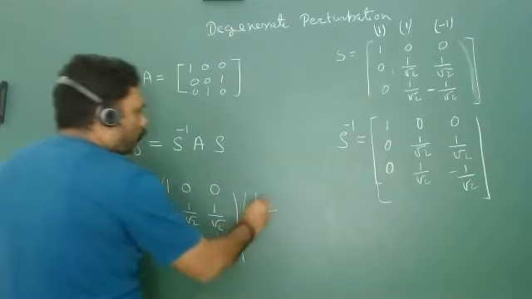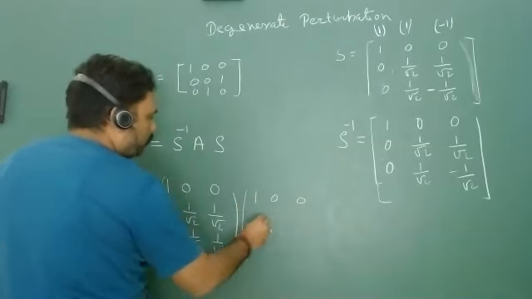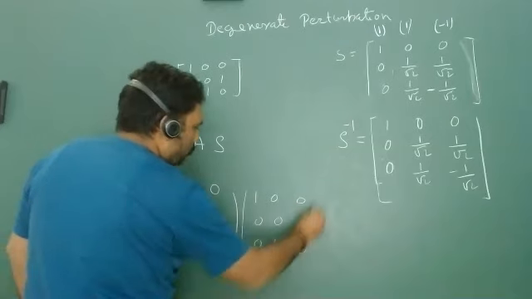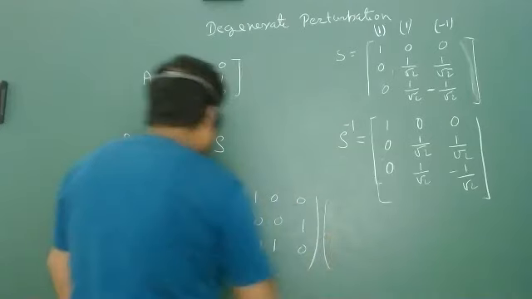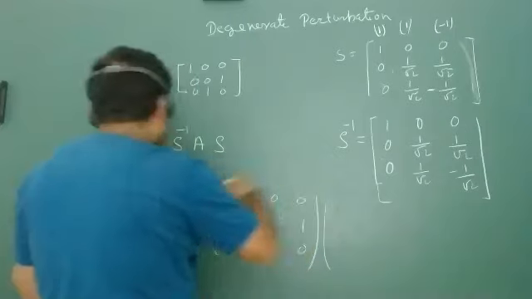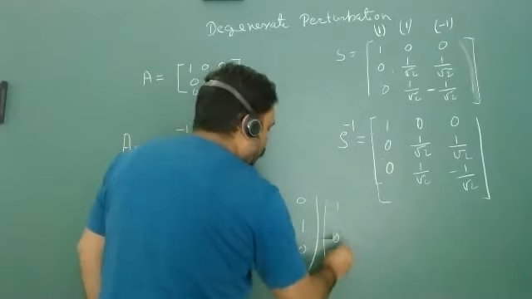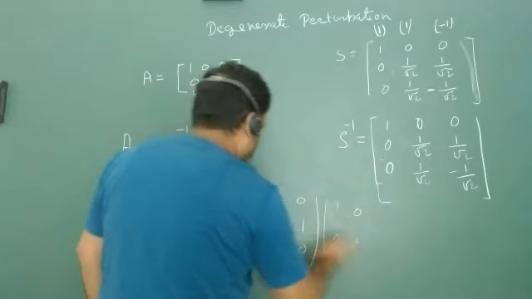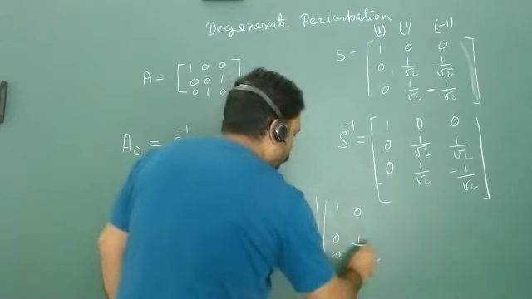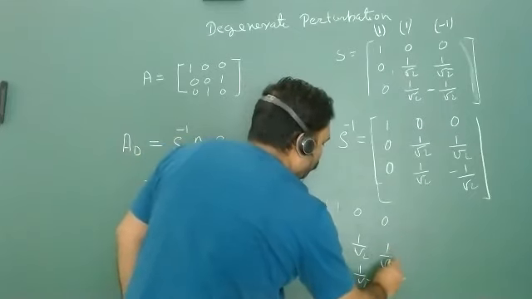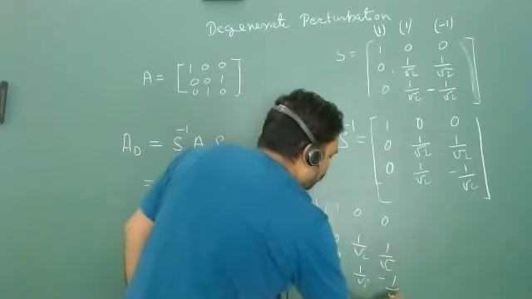The A matrix is 1 0 0, 0 0 1, 0 1 0, and you have another matrix that will be S. This is S inverse, so S will be again the same: 1 0 0, 0 1 by root 2, 1 by root 2, 0 1 by root 2, minus 1 by root 2.